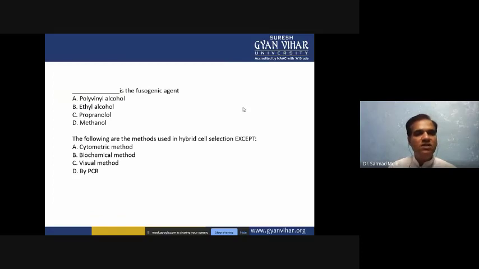A, polyvinyl alcohol, B, ethyl alcohol, C, propanol, D, methanol. Next question: the following are methods used in hybrid cell selection except option A, cytometric method, option B, biochemical method, option C, visual method, and option D, PCR. So you have to select any one right answer.